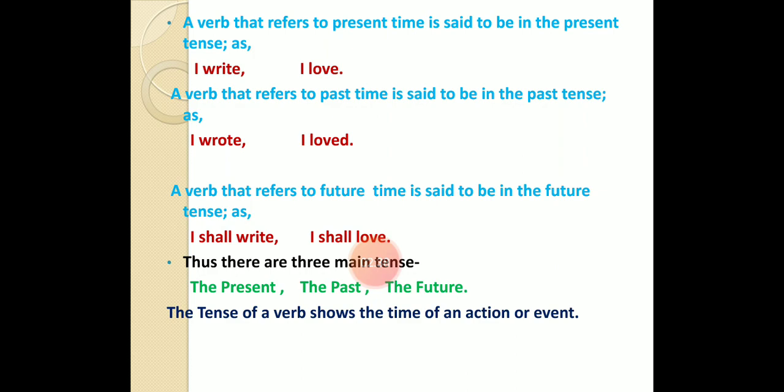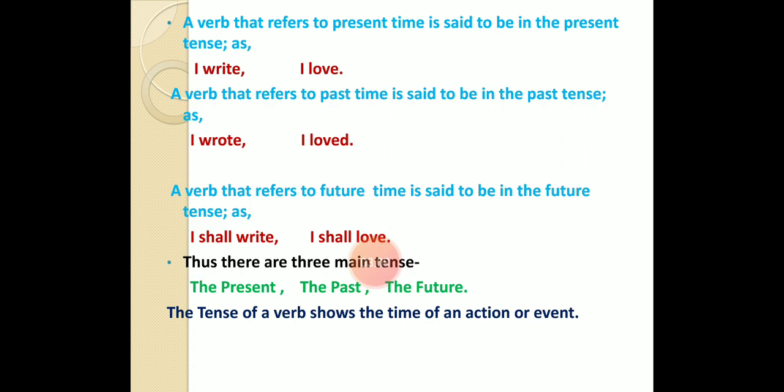So dear students, a verb that refers to past time is said to be in the past tense, as I wrote, I loved, he went, he cooked, etc. A verb that refers to future time is said to be in the future tense. As an example, I shall write, I shall love, he will go to school.